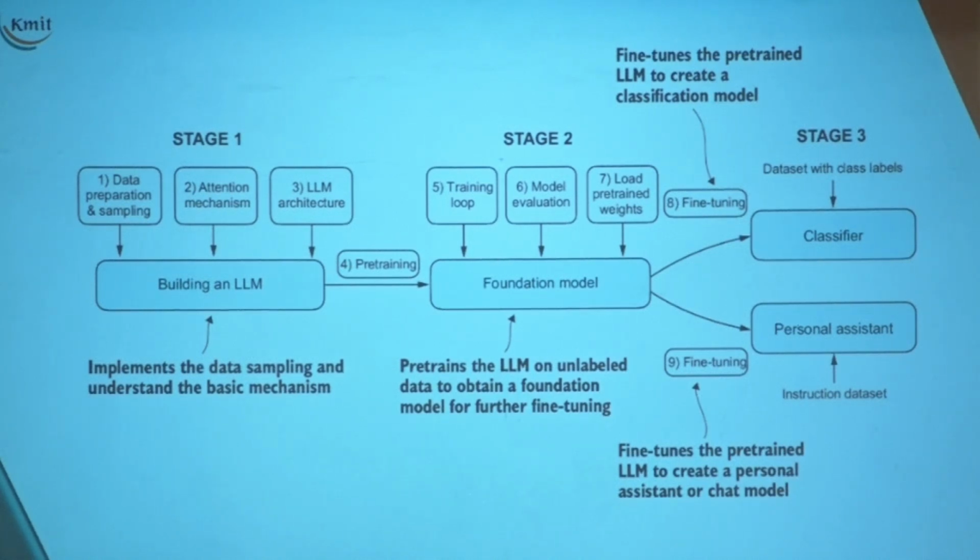So that is step 1 as soon as we receive our input data. What do we do after that? We use this mechanism which is called the attention mechanism. Using the attention mechanism, we develop the LLM architecture. Okay, so this is stage 1. What are we doing in stage 1?